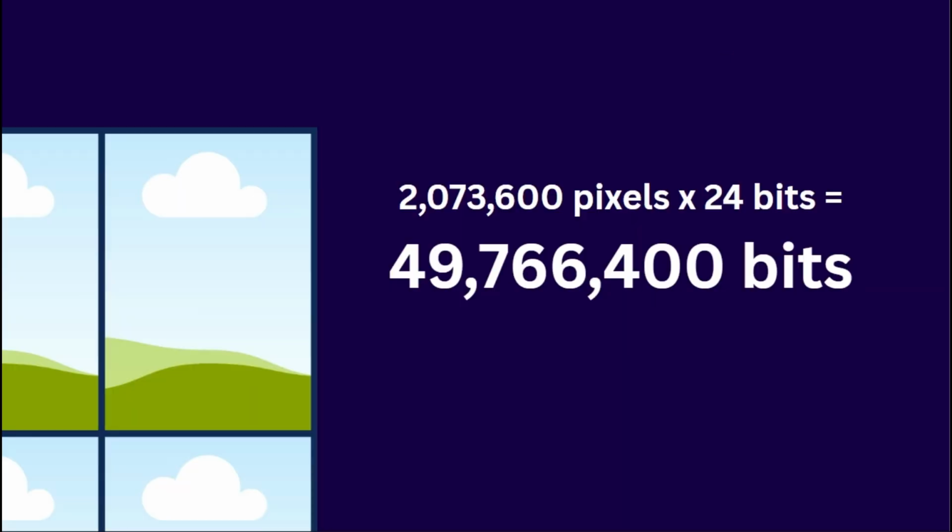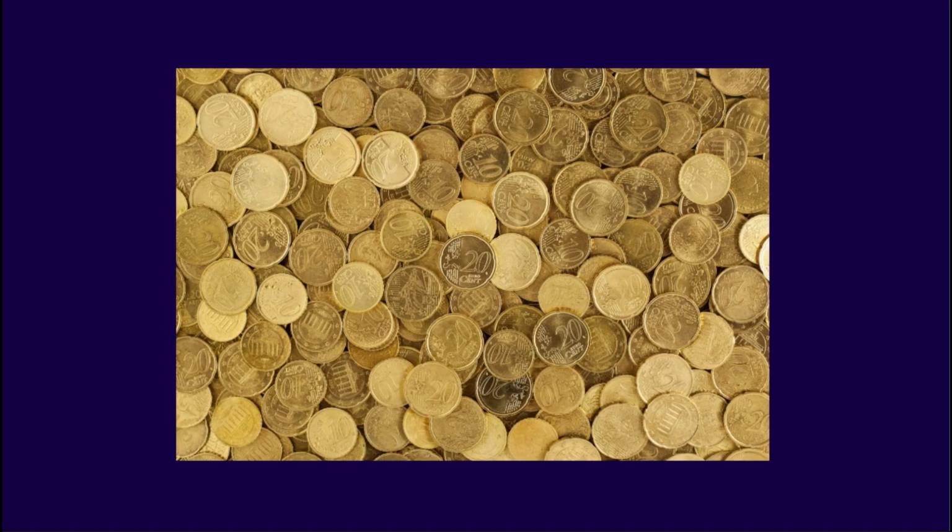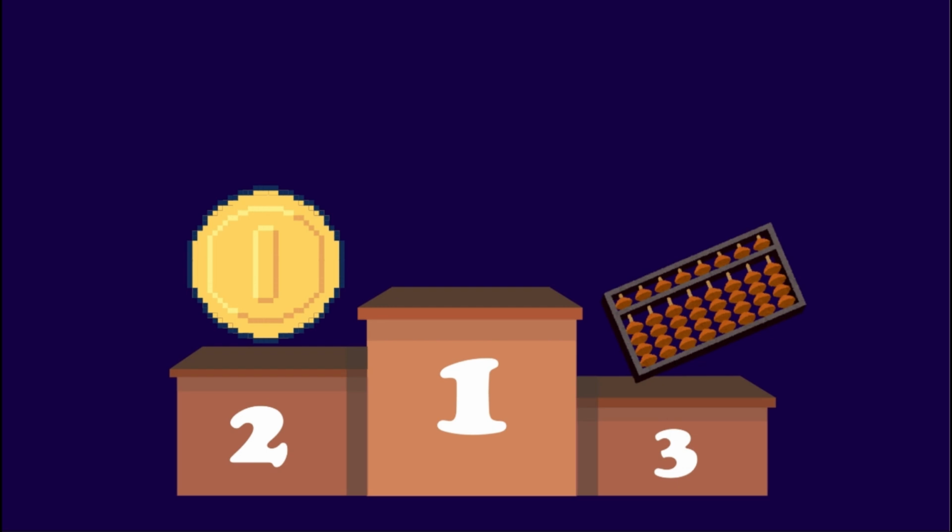So for one frame, that comes out to 49,766,400 bits. Therefore, a 5-minute 1080p video at 30 frames requires at least 450 billion coin flips just to store the raw data. These coin flips are powerful stuff, but there's a hard limit to how much faster classical computers can get. No matter how powerful they become, they're still just flipping coins.